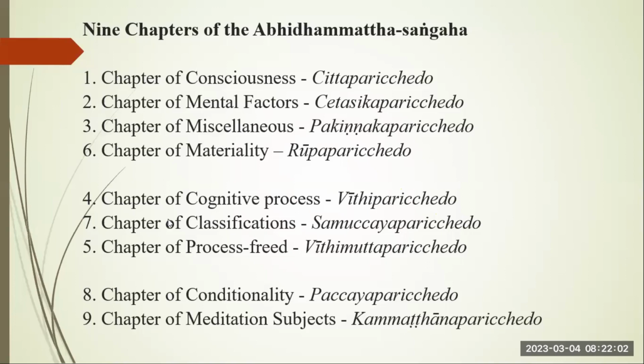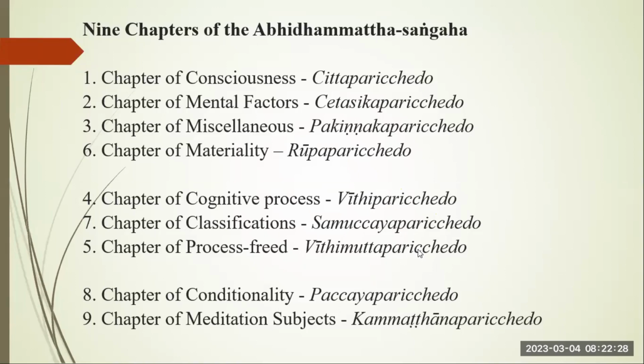For the second step, we will learn 3 chapters. Chapter 4, chapter of cognitive process, Viti Paricheda. Chapter 7, chapter of classifications, Samuchya Paricheda. Chapter 5, chapter of process-free, Viti Mutta Paricheda.